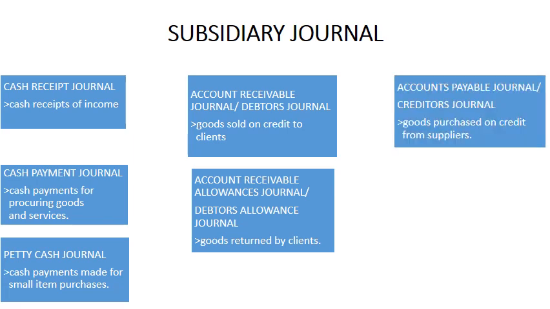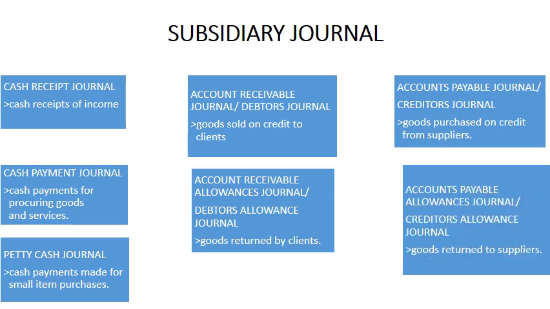Accounts payable journal or a creditors journal will be prepared to record goods purchased on credit from suppliers. Lastly, the accounts payable allowances journal or a creditors allowance journal will be prepared to record goods returned to suppliers.